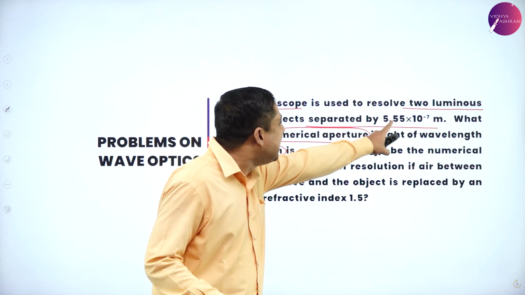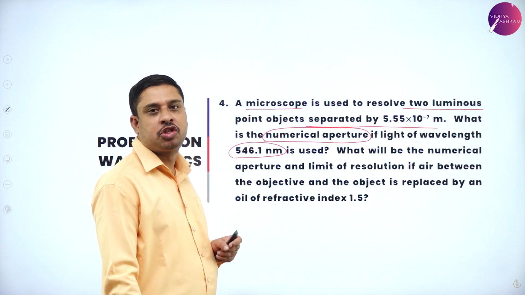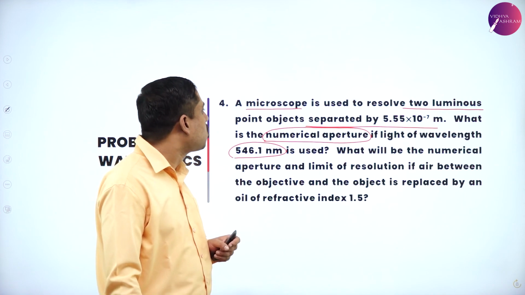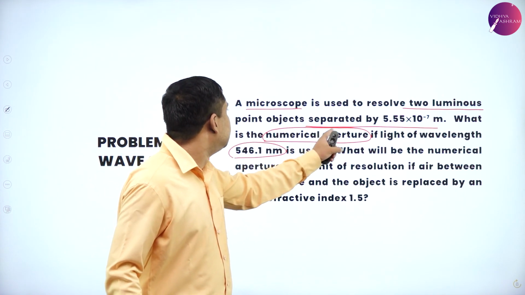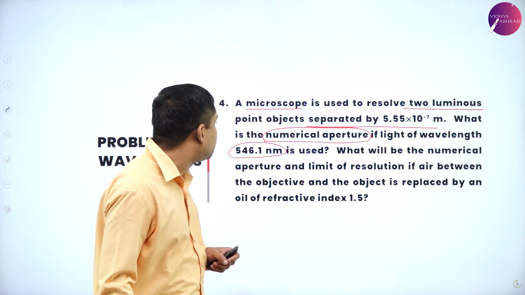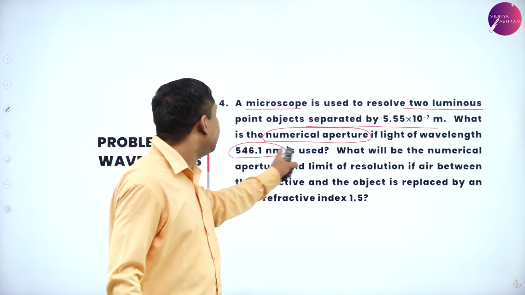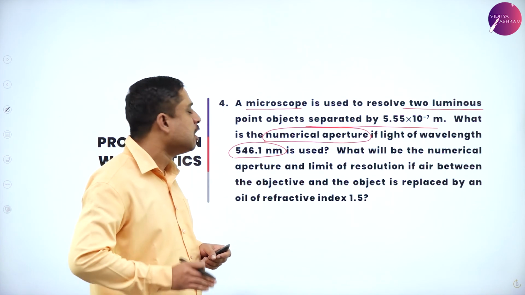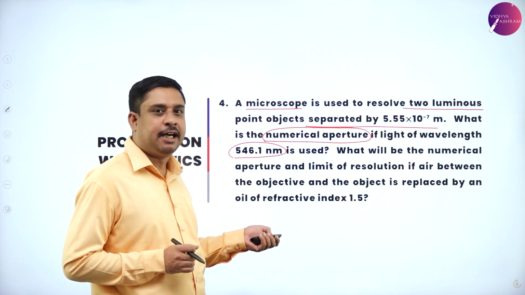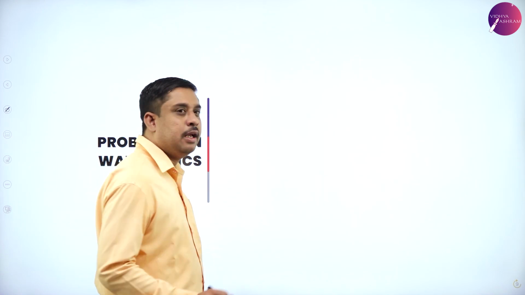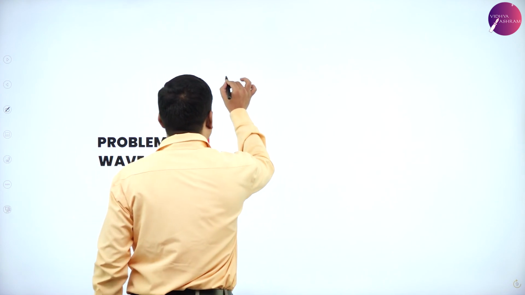So this is the limit of resolution of the microscope. I have to calculate the numerical aperture if the wavelength of light used is 546.1 nanometer. So, now it is luminous point objects.